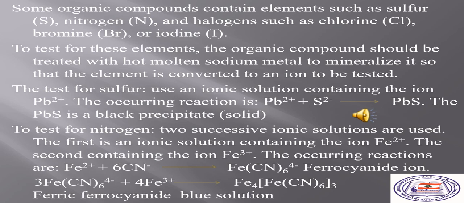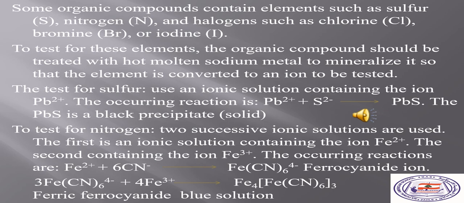Now, let's start with the test for sulfur. We have to use an ionic solution containing the ion Pb2+. I don't care what kind of solution you use, but this solution has to have the ion Pb2+. Now, if the organic compound contains the element sulfur, it is converted to S2- when you mineralize the organic compound.